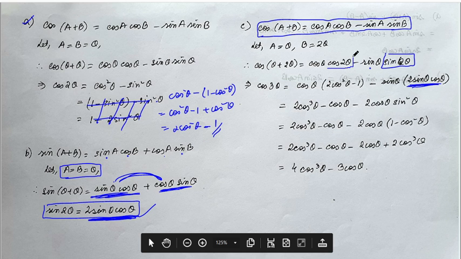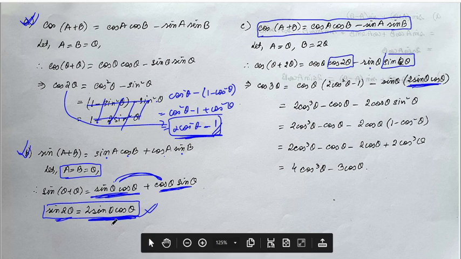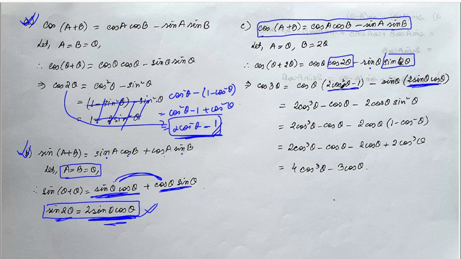And cos 2 theta, we can replace with this one. This is the formula for cos 2 theta. So we are just using the formulas from parts A and B. I am replacing cos 2 theta using this one, sin 2 theta using this one. When you replace them, next you just simplify.